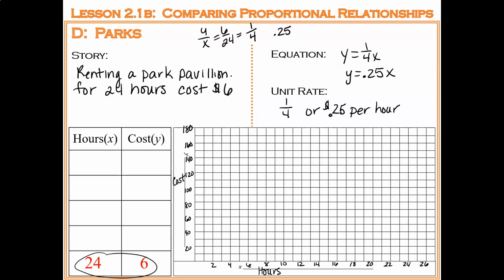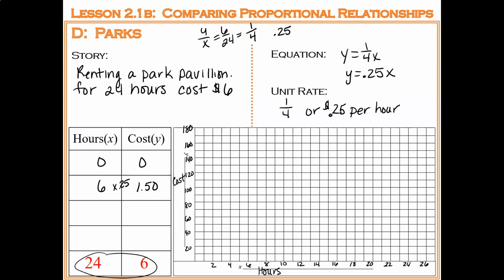Pretty cheap. Okay, so again, we don't rent it for any hours, we don't pay anything. We rent it for, let's go up by 6s. 6 hours, we pay 6 times a quarter, or $1.50.